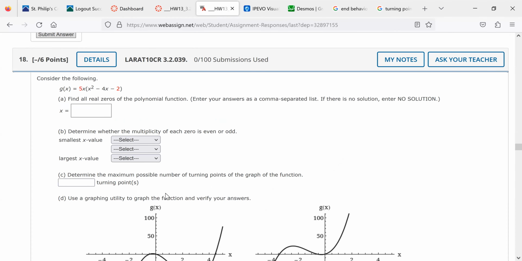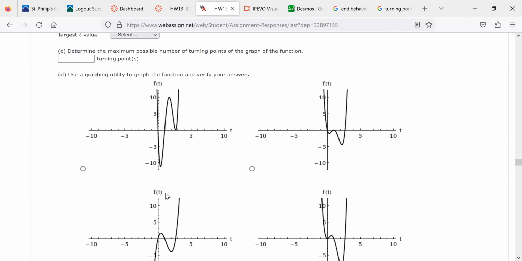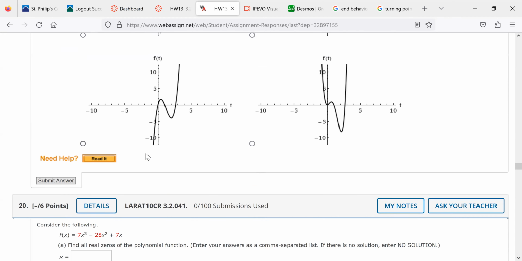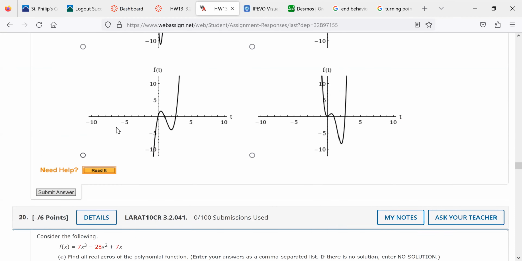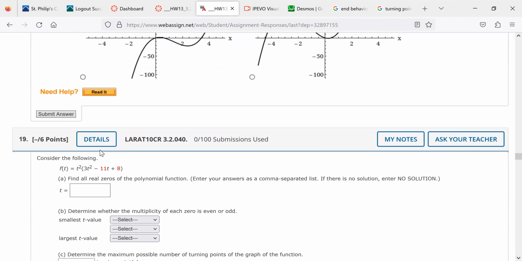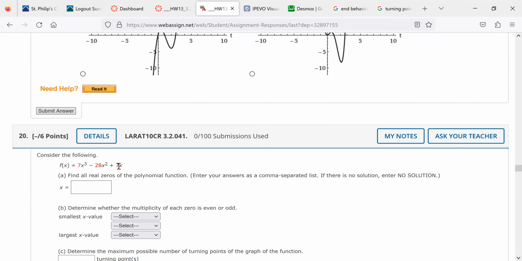Essentially, that's all you would do here for all of them. The factoring and finding the zeros might be harder or easier, just depends. Like here, you might have to do AC method. Here, do the GCF first and then just factor the next part.